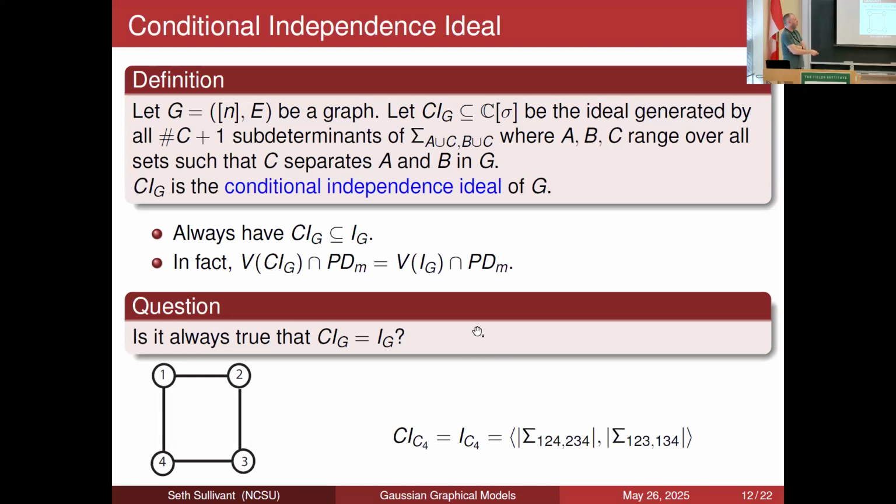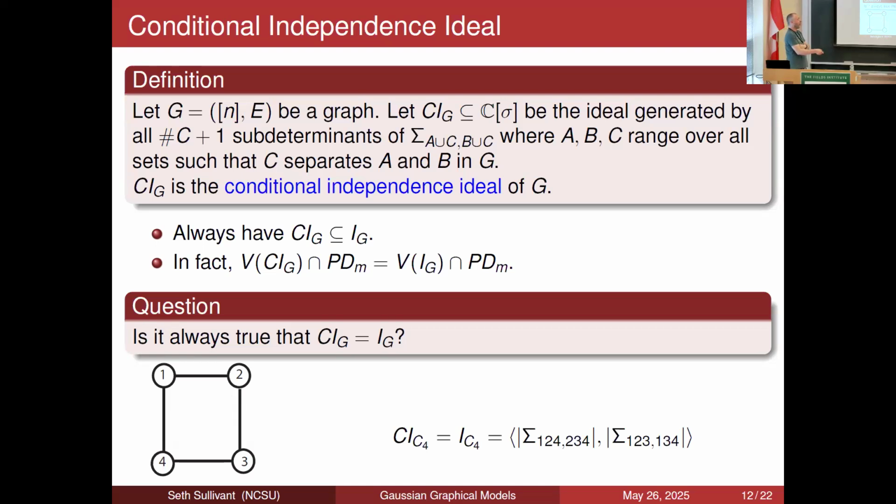Okay, here's an example that we've seen a few times. If I take the 4-cycle graph, the conditional independence ideal has two conditional independence statements that Hal noticed before I even talked about conditional independence: 1 and 3 are independent given 2 and 4, because 1 is separated from 3 by 2 and 4, and 2 and 4 are independent given 1 and 3, because 2 and 4 are separated by the set {1, 3}.